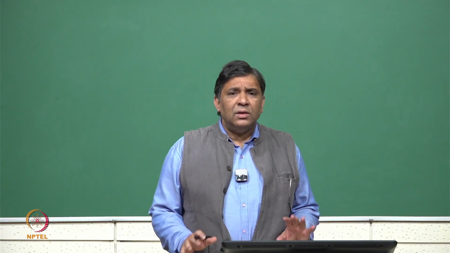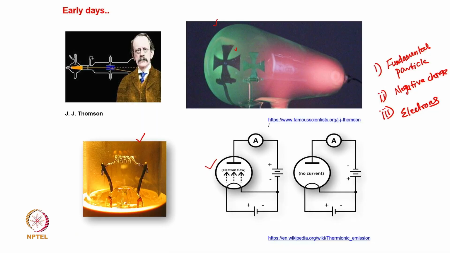And then if we have a configuration something like this, where we have a filament which can be heated by a voltage source, and then there is an anode. From here electrons are generated, they are collected in another electrode, and then an emitter is connected in this path.